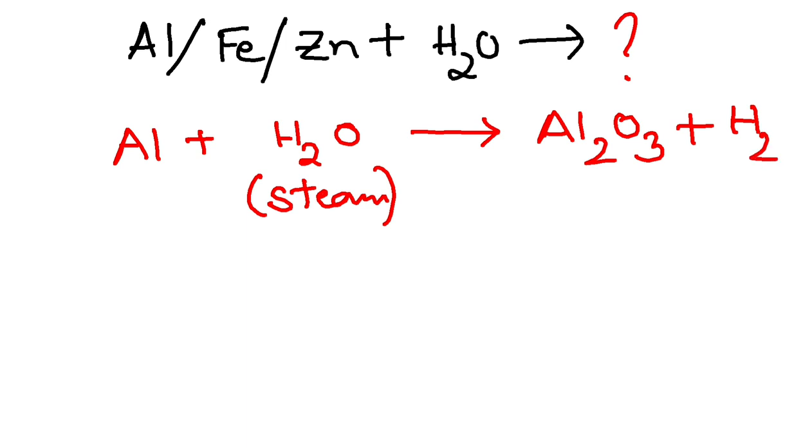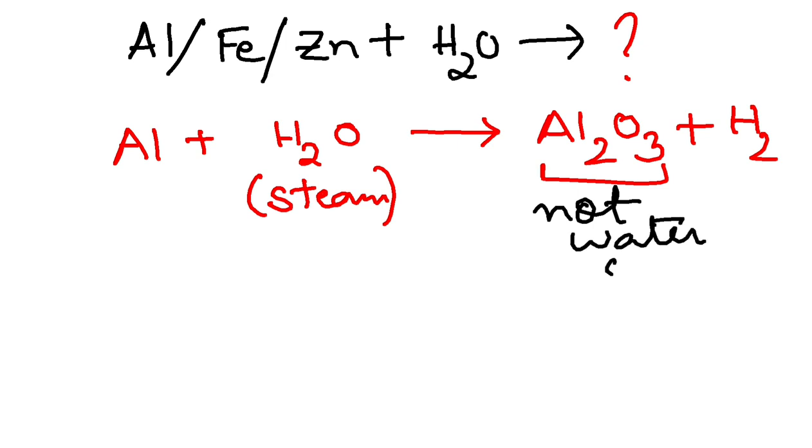In the previous cases, sodium, potassium, magnesium, calcium, we had metal hydroxides. Here we are having oxides only, because this aluminium hydroxide is not water soluble, so hydroxide is not formed. Similar is the case of iron also.